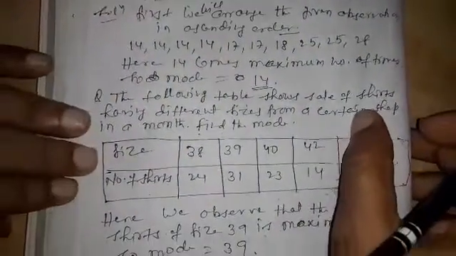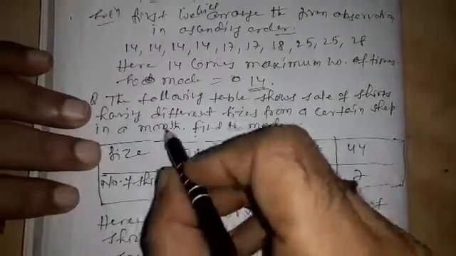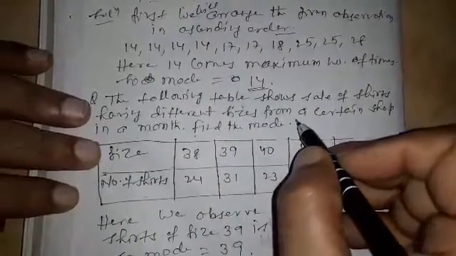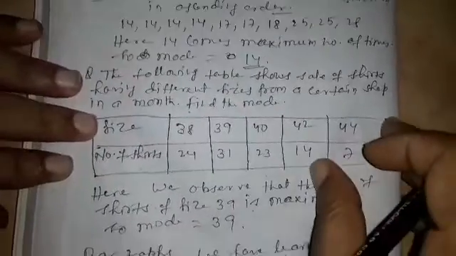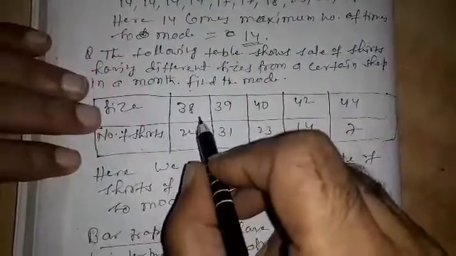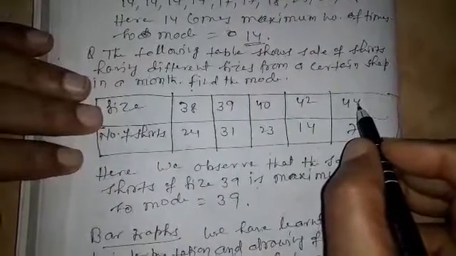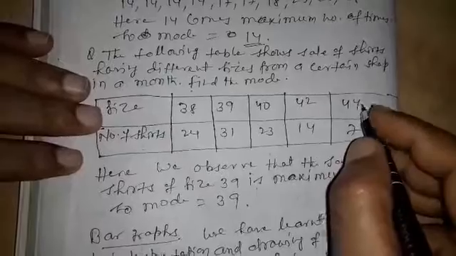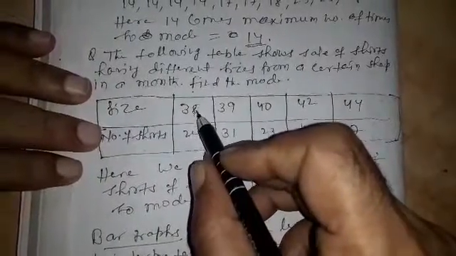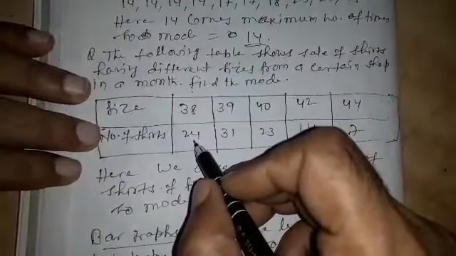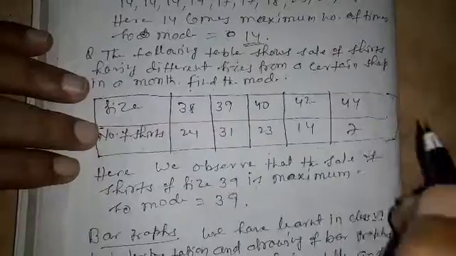We have another question. The following table shows the sale of shirts of different sizes from a certain shop in a month. Find the mode. Sizes of shirts are 38, 39, 40, 42, 44 centimeters, and the number of shirts are 24, 31, 23, 14, 7.